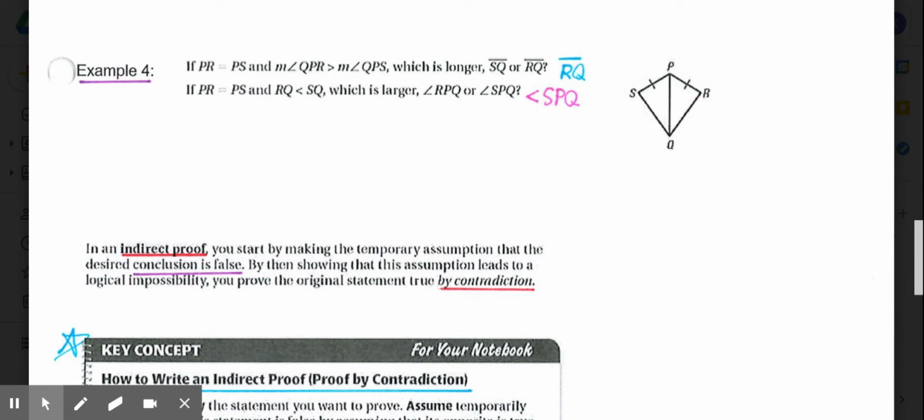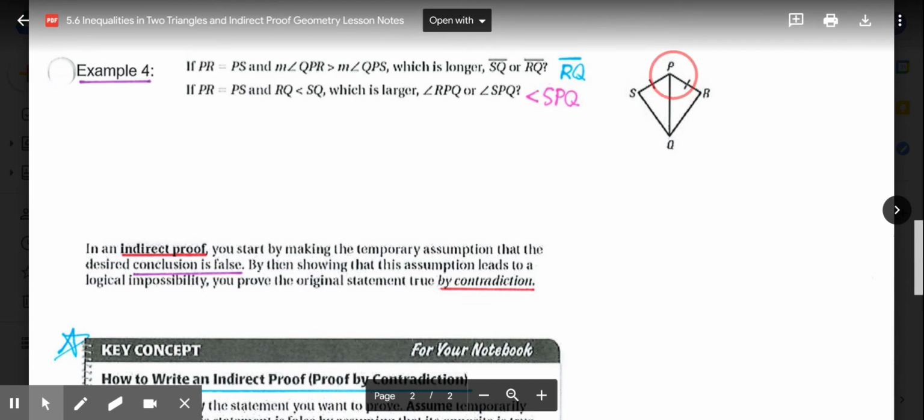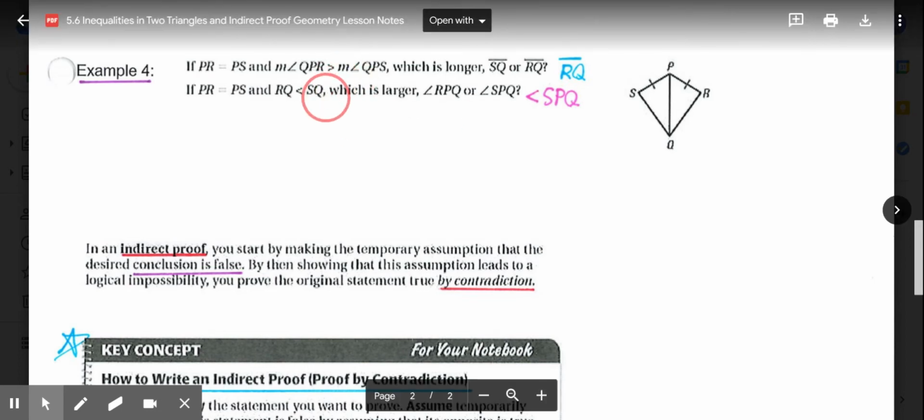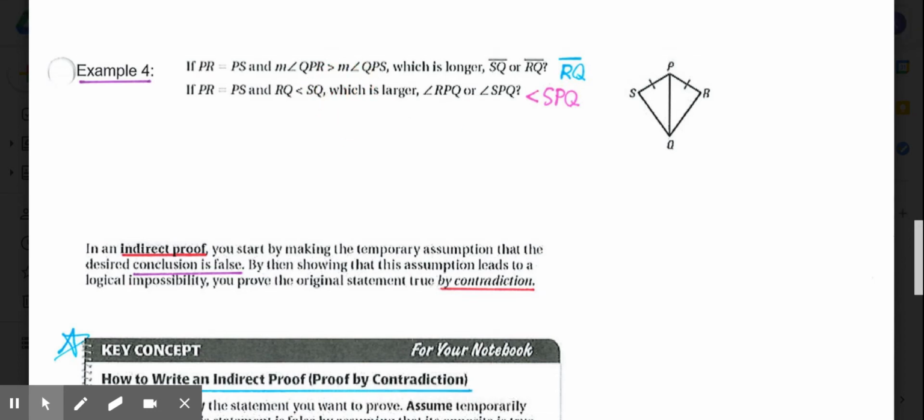It told me angle QPR was bigger than QPS, so side QR would be larger or longer. In this second part, again, PR equals PS, and side SQ is greater than side RQ. Which is the larger angle, angle RPQ or SPQ? Angle SPQ would be the larger angle because it's opposite the larger side SQ.